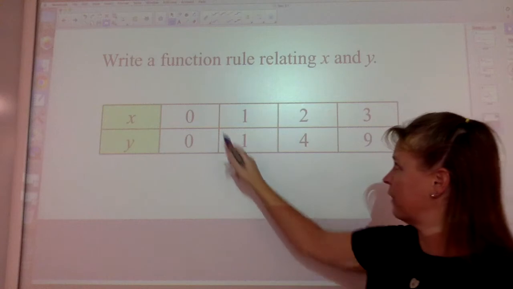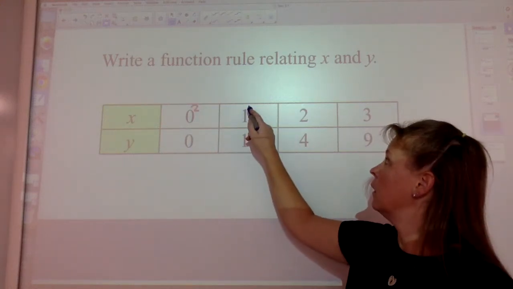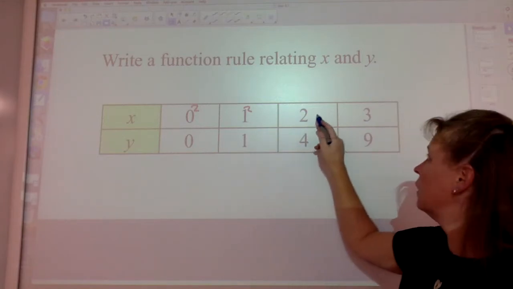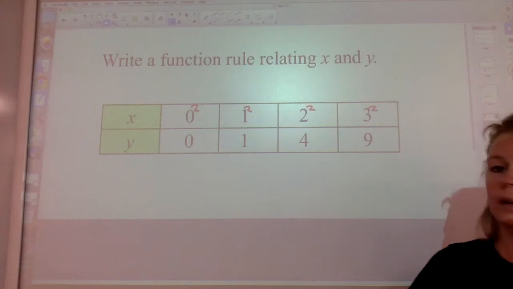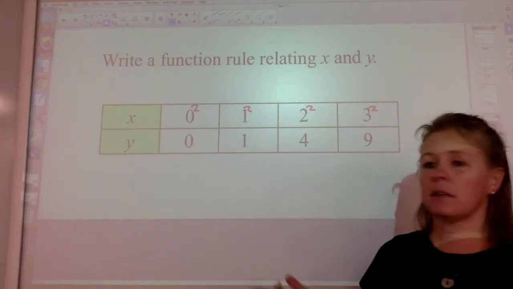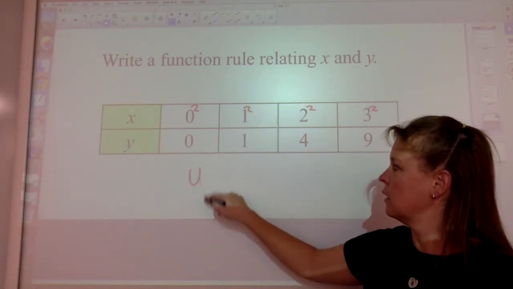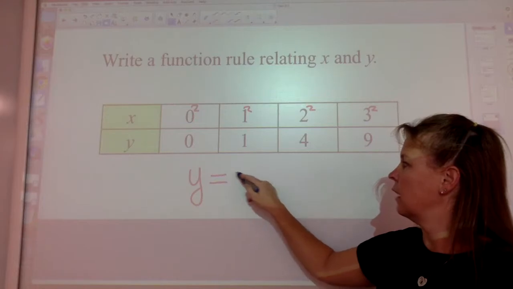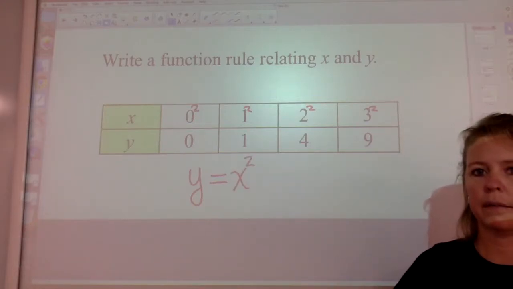But if you take a look at this number, if you square a 0, you get a 0. If you square a 1, you get a 1. If you square a 2, you get a 4. If you square a 3, you get a 9. So that's a pattern. This is a repeating pattern. How do we write it as a function? We say that all the y's are equal to x squared.